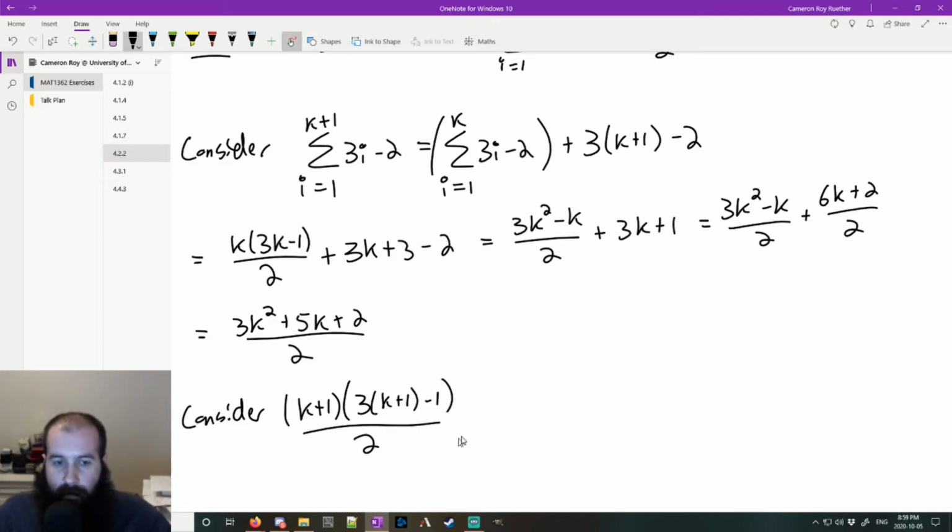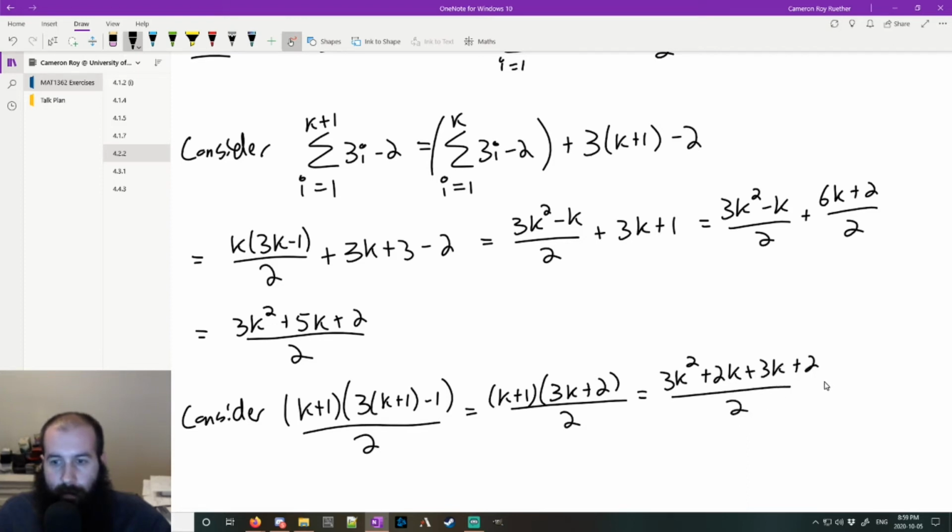And we can just expand this out. So this is k plus 1 times, here we'll get 3k plus 2. And this will give us 3k squared plus 2k plus 3k plus 2, all over 2, which is 3k squared plus 5k plus 2.